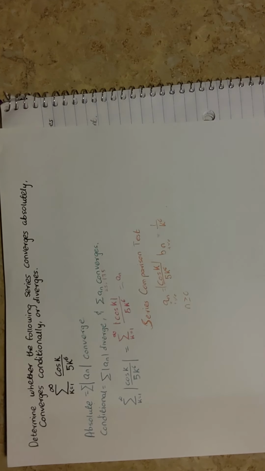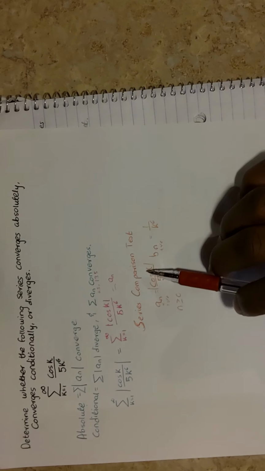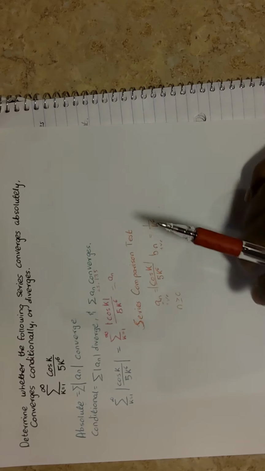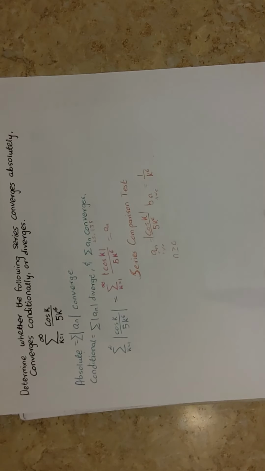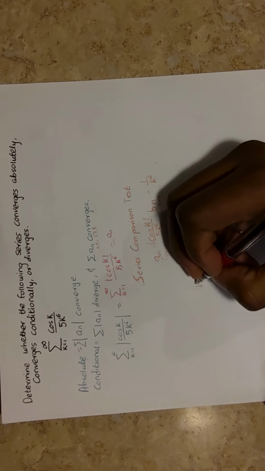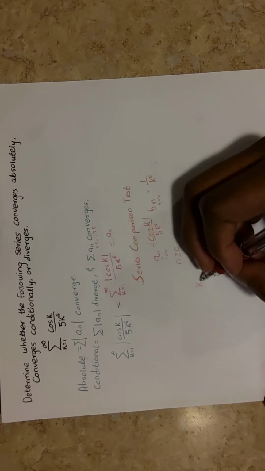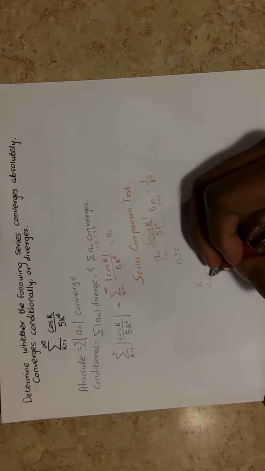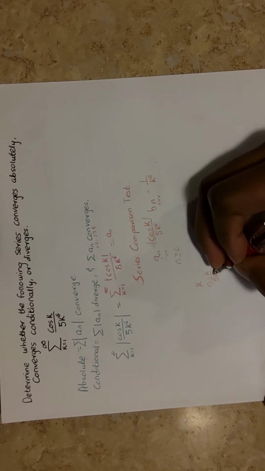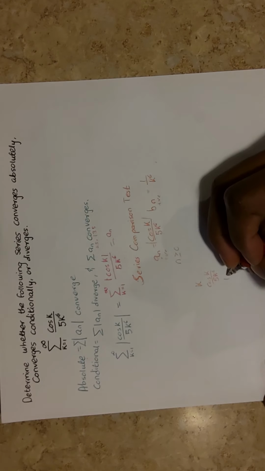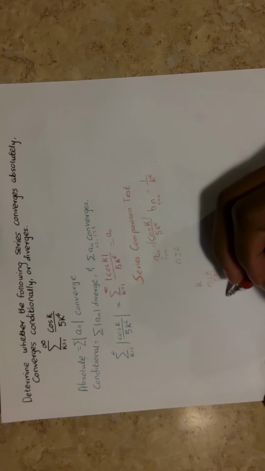And I have to establish which of these two series is bigger than the other, right? So I could have a lot of values here. For instance, for k, you have cosine k over 5k to the 6th, and then 1 over k to the 6th.